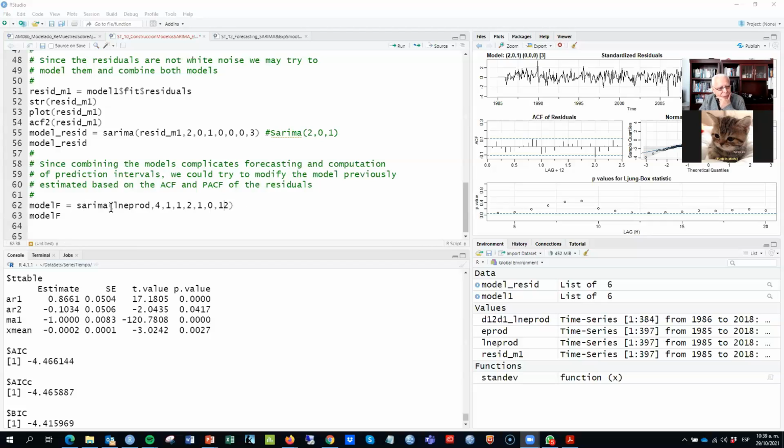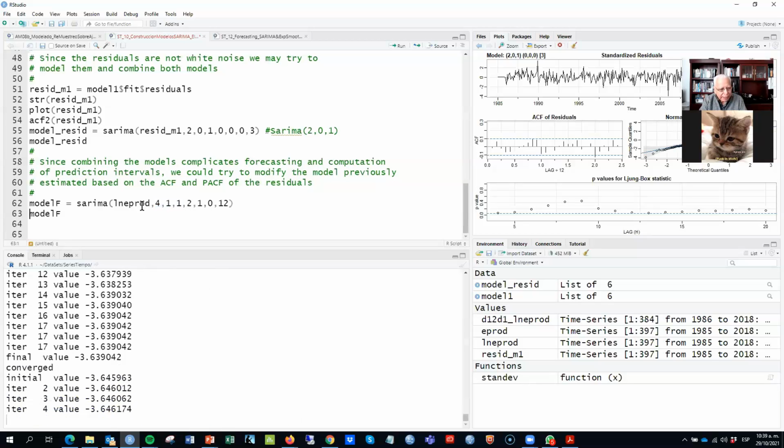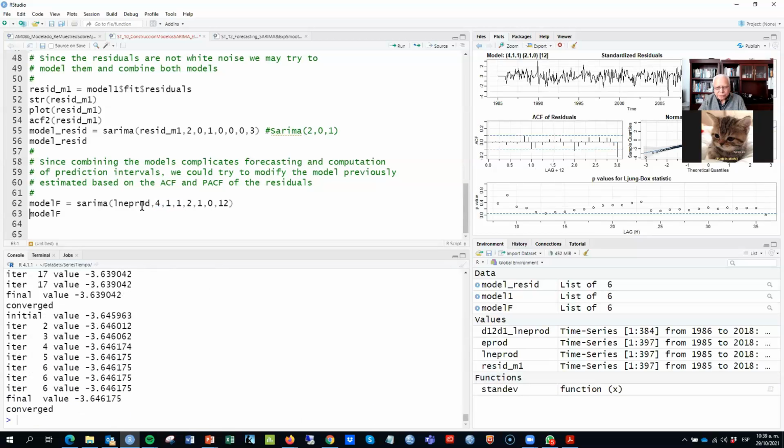So I'm gonna feed this model to the same data, a 4,1,1, 2,1,0, 12. Okay, and this is my starting point to correct the model that I can fit.